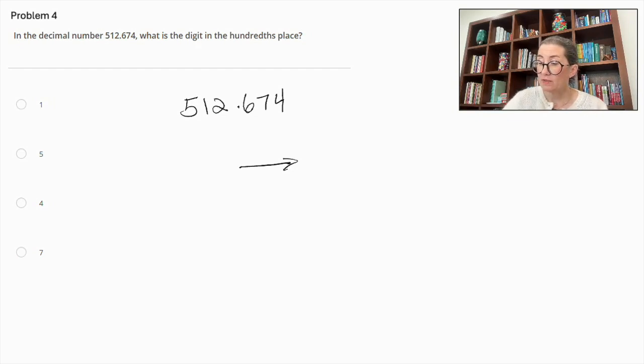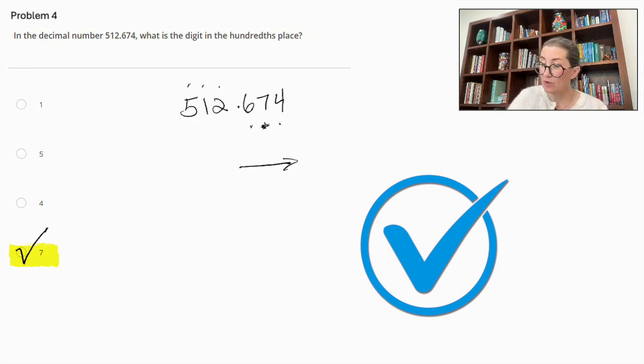We've got hundreds, tens, units, and then on the right side of the decimal we have tenths, hundredths, and thousandths. So the hundredths place is the 7. So 7 is the correct answer.